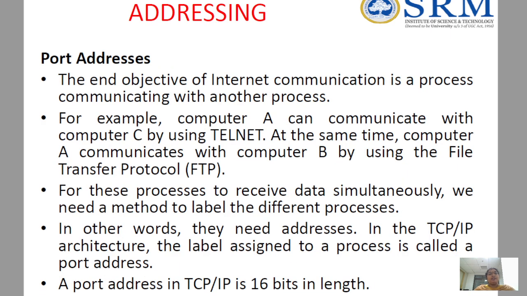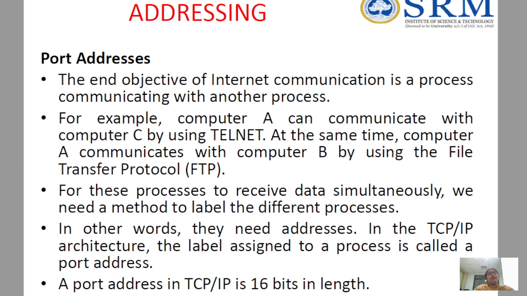The next one is port address. The end objective of internet communication is a process communicating with another process. So when we use a different process, we use a different port address to communicate with other systems in a network.